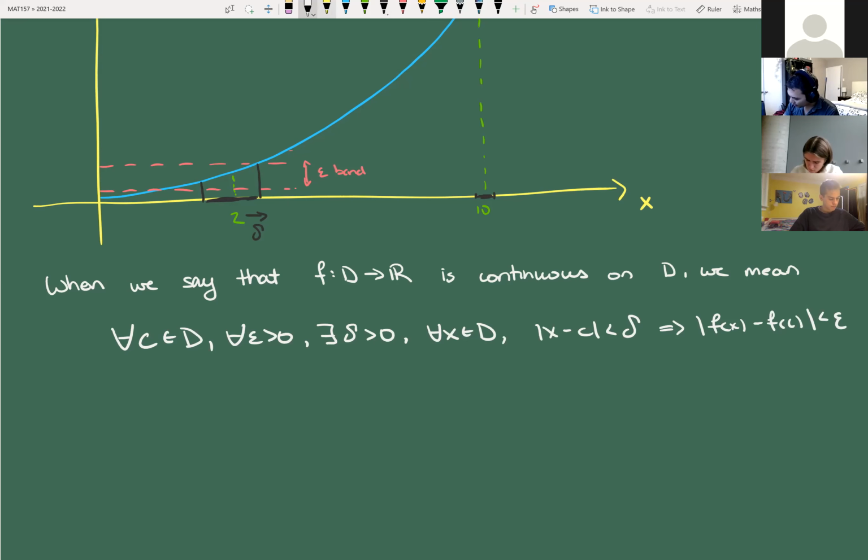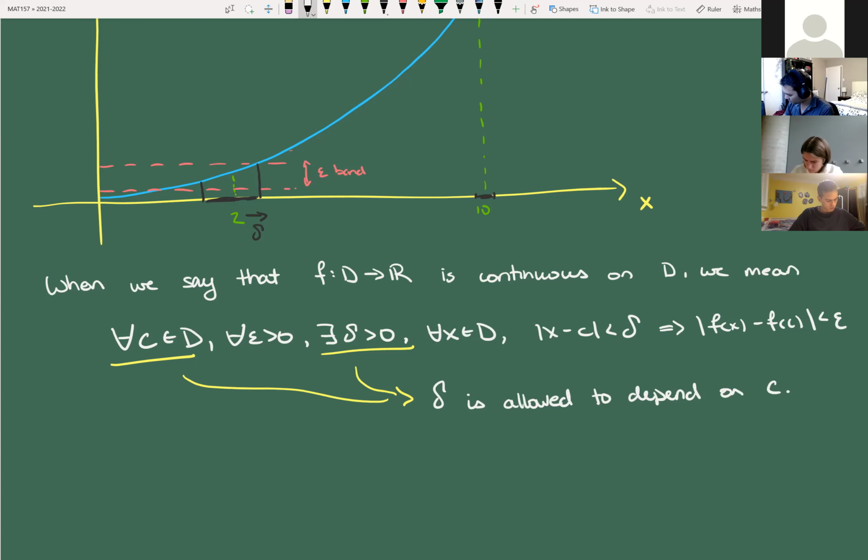So the positioning of these quantifiers, the fact that this occurs here and this occurs here, says that delta is allowed to depend on C. We're saying right from the very beginning, the very first variable I define is C. And when I define the existential quantifier after it, that is allowed to depend on any variables that came before it.